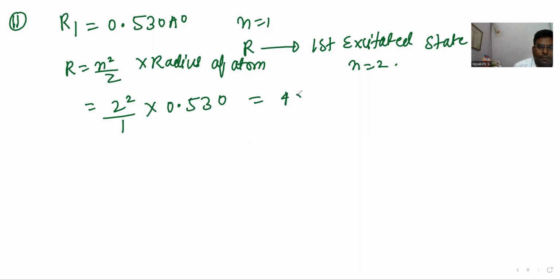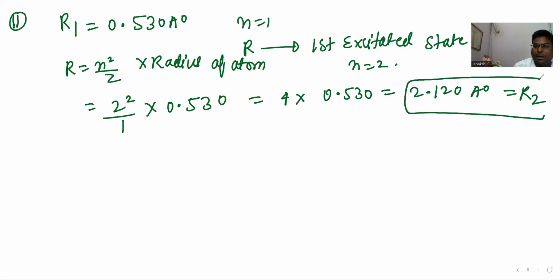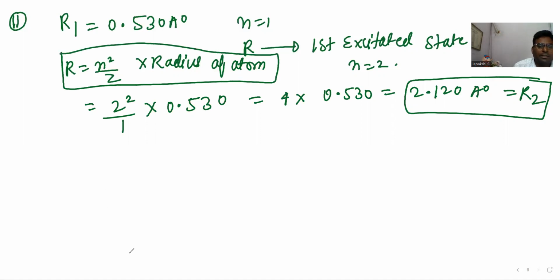So calculate 4 into 0.530. It is equal to 2.120 angstrom, that is r2. So you have to just remember this relation to find the next orbit radius.